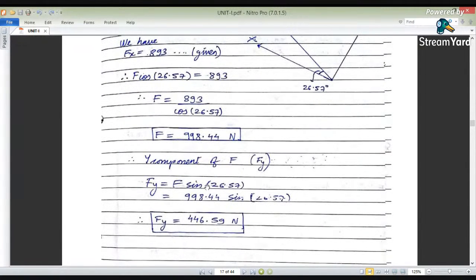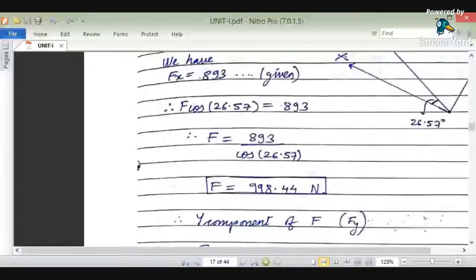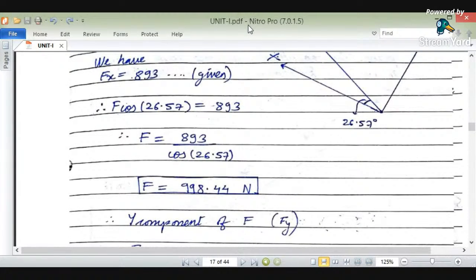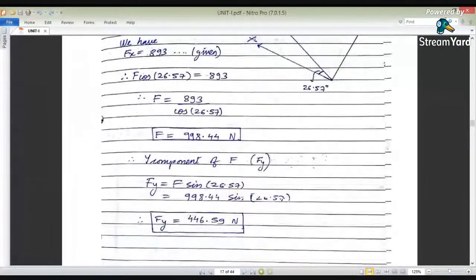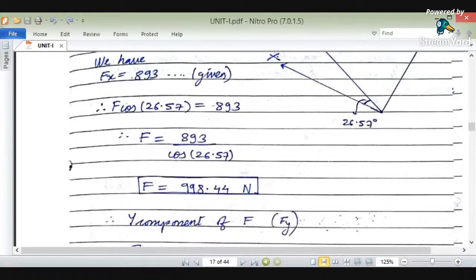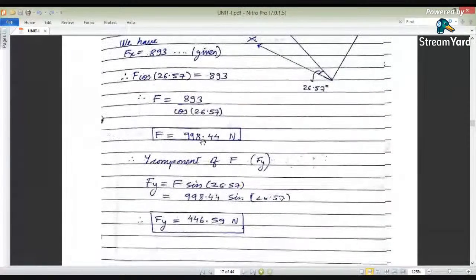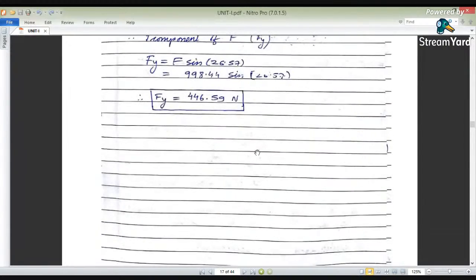Keeping the value as 998 point something, multiplied by sine of 26.57, it comes to Fy as 446.59. So in this way, when the force F has been applied at inclined planes, we can find the values of Fx and Fy.